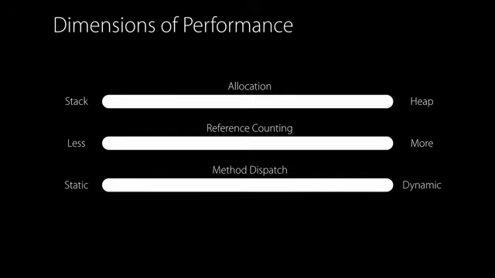When I call a method on this instance, is it going to be statically or dynamically dispatched? If we want to write fast Swift code, we're going to need to avoid paying for dynamism at runtime that we're not taking advantage of. And we're going to need to learn when and how we can trade between these different dimensions for better performance. All right, we're going to go through each of these dimensions one at a time, beginning with allocation.